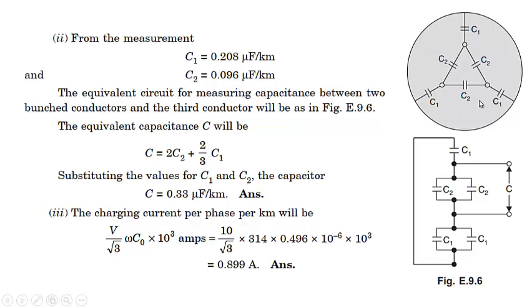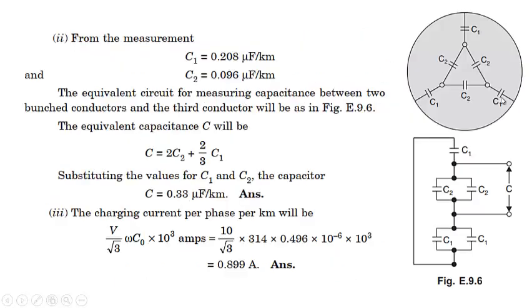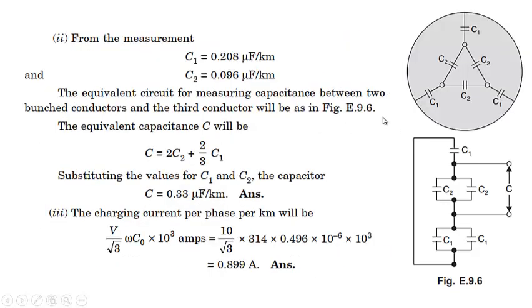Then after that we have to calculate the capacitance between any two bunched conductors. That means between this point and this point, any of these two, because they are at the same potential, and the third conductor, which is this. That means we have to calculate the capacitance C between these two points.